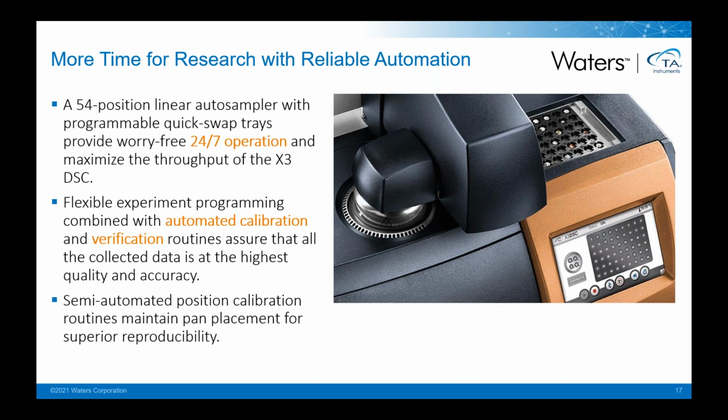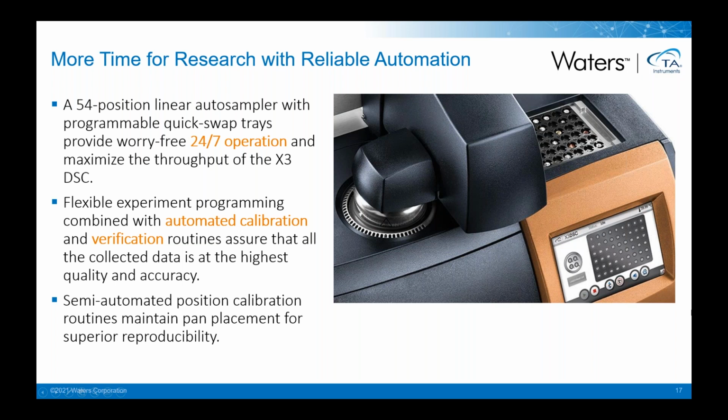We may not always have 100 samples to run every day, but there may be a week where we get 50 samples that we have to test in very short order. So the X3 DSC certainly provides the opportunity to get through that data much faster, so that we don't have to come in on the evenings and on the weekends to set up experiments and get the answers that we're looking for.